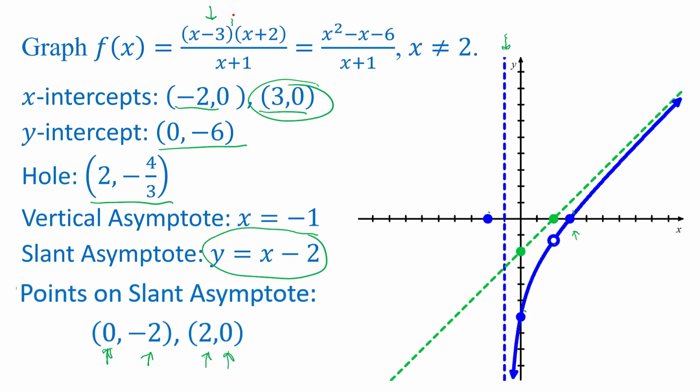Now, to the left of the vertical asymptote here, between x equals -2, where we have another x-intercept, and x equals -1, where we have a vertical asymptote, we don't know what's going on, but I think we can figure out what's going on fairly easily.